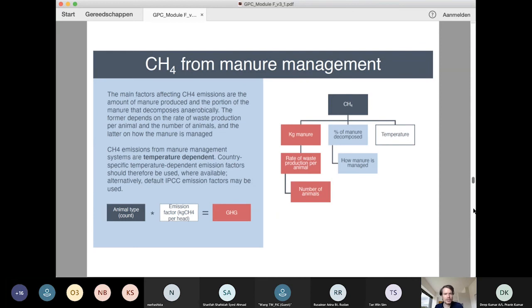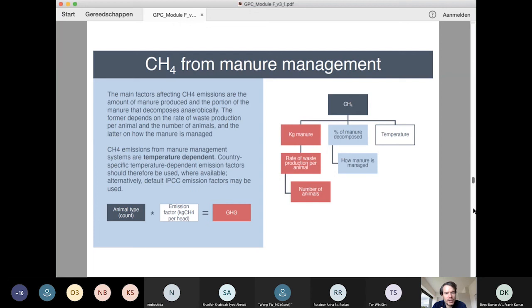So then just deep diving into manure management for methane and nitrous oxide. Methane occurs based upon the quantity, the percentage of manure composed, but also temperatures. There are a lot of activities taking place that will determine how much methane is released. Again, this should all be reflected in the emission factor.